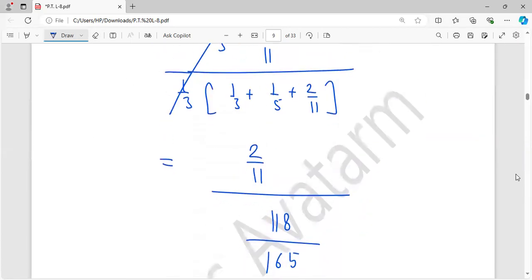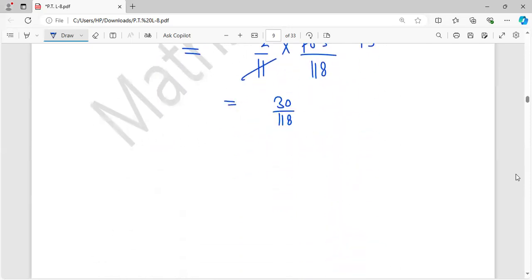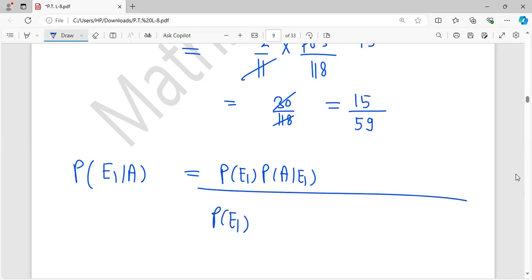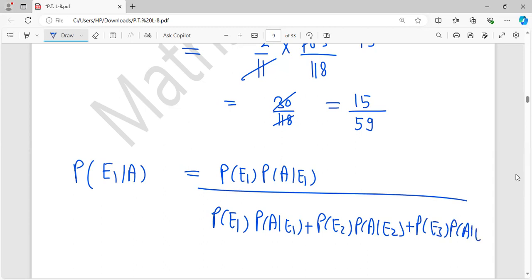So this is P(E1) P(A relative to E1) upon P(E1) P(A relative to E1) plus P(E2) P(A relative to E2) plus P(E3) P(A relative to E3).